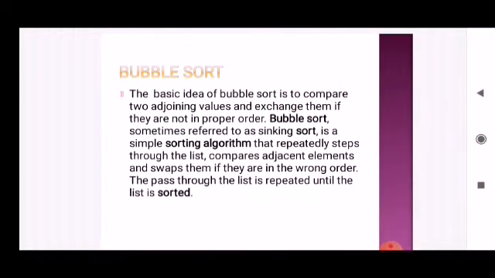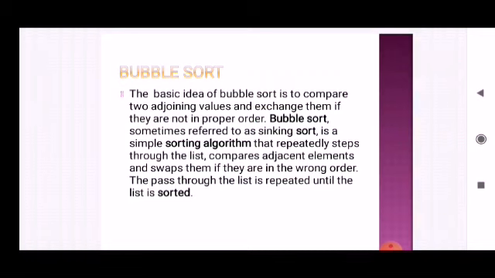The basic idea of bubble sort is to compare two adjoining values and exchange them if they are not in proper order. Bubble sort, sometimes referred to as sinking sort, is a simple sorting algorithm that repeatedly steps through the list, compares the adjacent elements and swaps them if they are in the wrong order.